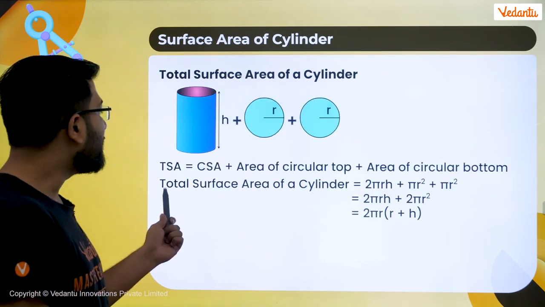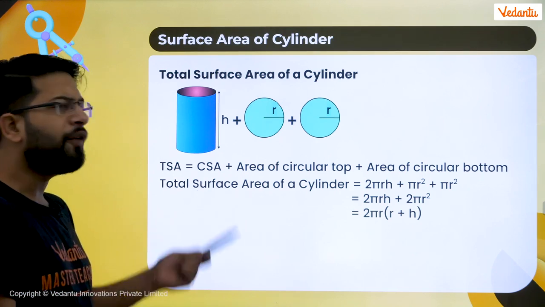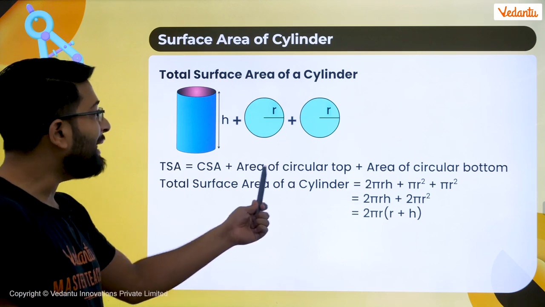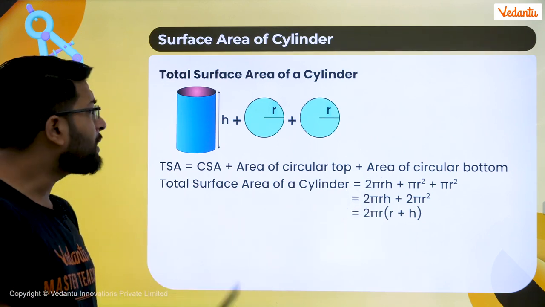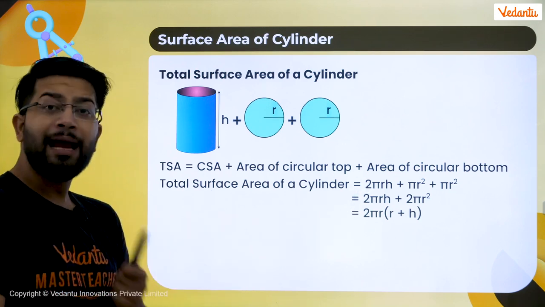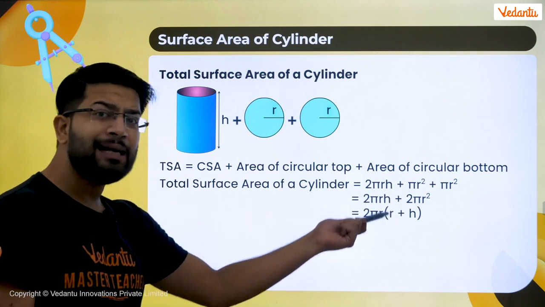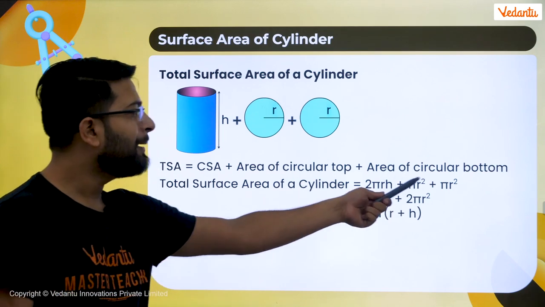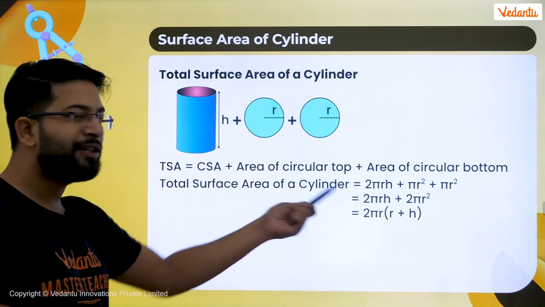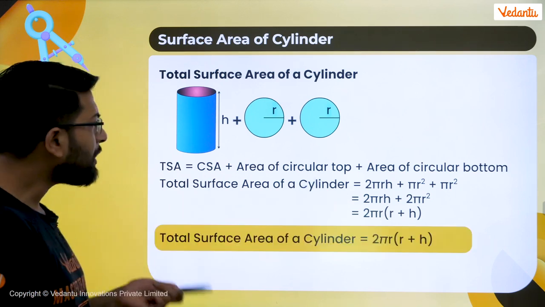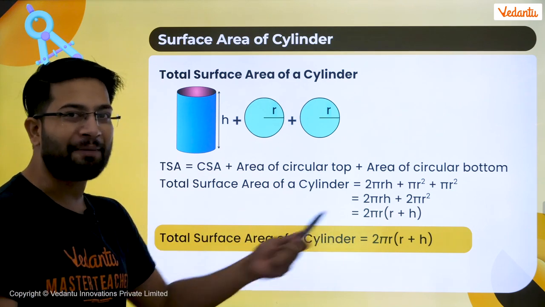And that is why the total surface area of the cylinder will be the curved surface area, or we can say lateral surface area, plus the area of the circular top plus the area of the circular bottom. We know that the curved surface area is 2 pi r h, and the area of the circular base will be pi r square, and the same for the area of the circular top, pi r square, and hence we get the formula of TSA of the cylinder. I hope it is clear. Very good. So now champ, the total surface area of the cylinder is 2 pi r into (r plus h).